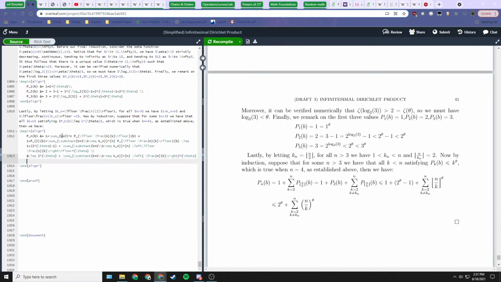Okay, so this is this, and then I just had to make sure that this would all check out. Let me see where this comes from. Oh right, because we do actually have this before we remove the floor.